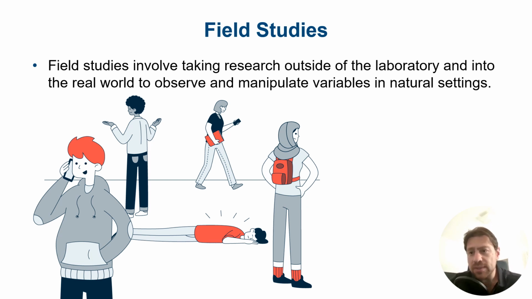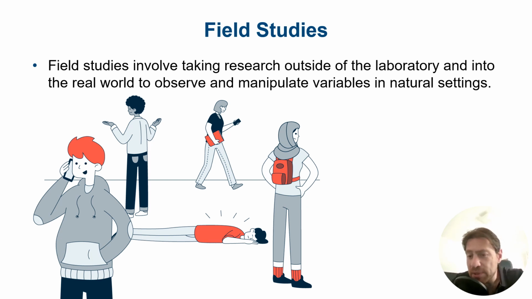So one famous example of this is various studies on what is called the bystander effect. So how do people respond in emergency situations? And so what the scientists did was they snuck away from their laboratories and they created fake emergency situations out in the real world, on the street corner, in the park.